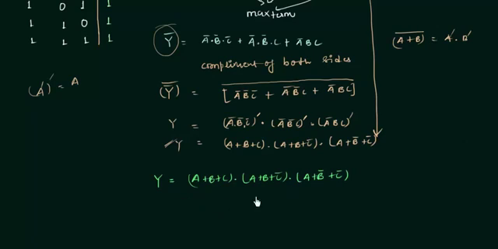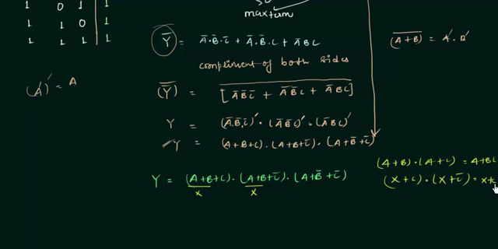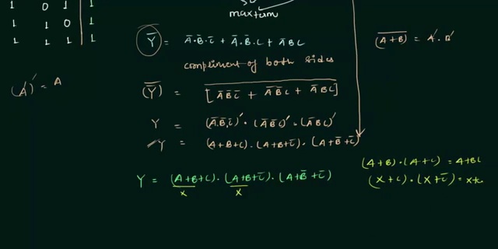In the first 2 terms you can see we have a or b as common, and from the distributive law, if you remember, if we have a or b and a or c, we write it as a or b, c. So let's consider a or b as x. So we have x or c, and we have x or c complement, so it can be written as x or c and, let me slide this board, c complement.